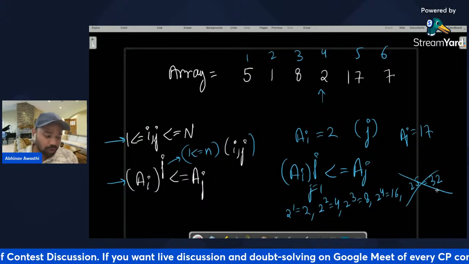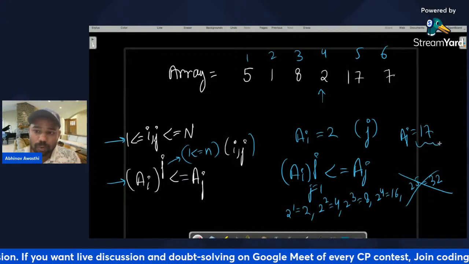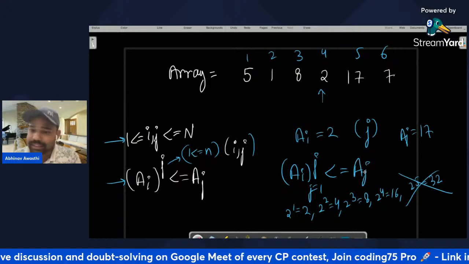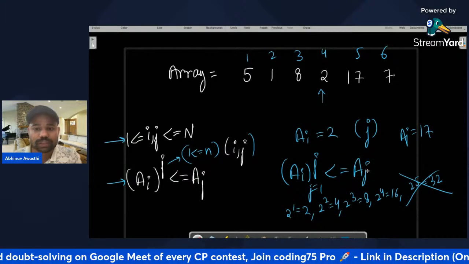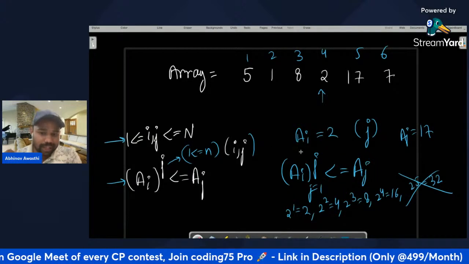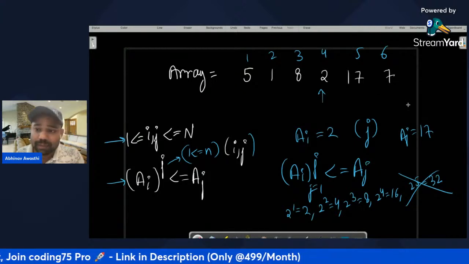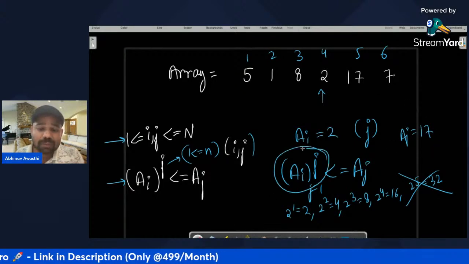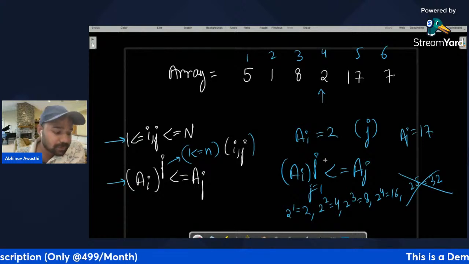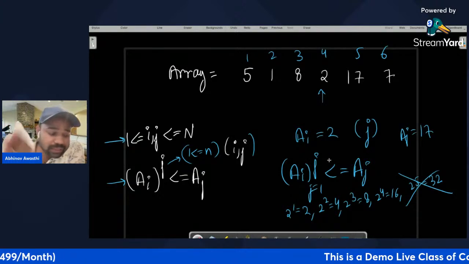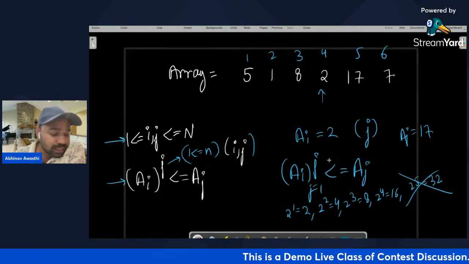No, because it became more than 17, and a_j can never be more than 17. If the maximum value of a_j can be 17, then a_i to the power j should always be less than a_j. It should never exceed a_j.